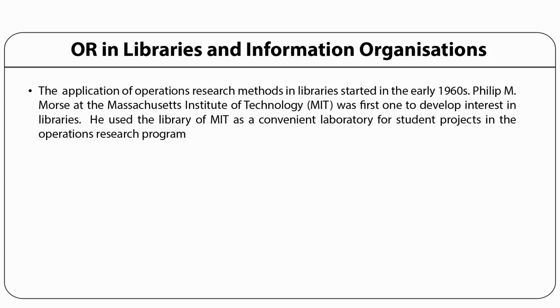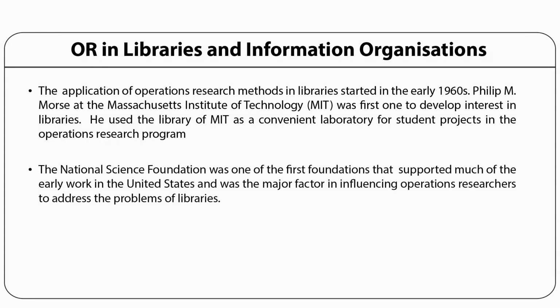He used the MIT library as a convenient laboratory for student projects in the operations research program. Then the National Science Foundation was one of the first foundations that supported much of the early work in the United States and was the major factor in influencing operations research to address the problems of libraries.